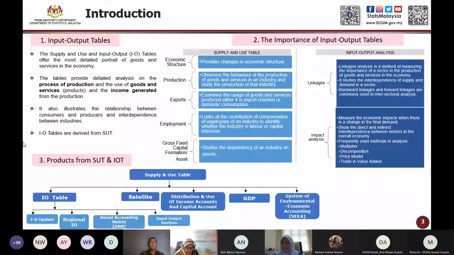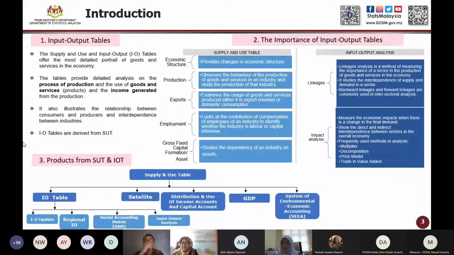Okay, in the IO table, we have input-output analysis. Commonly, we have two analyses: linkages and impact analysis. Linkages analysis is a method to measure the importance of a sector in the production of goods and services in the economy, and to study the interdependence of supply and demand in a sector. Backward linkages and forward linkages are commonly used in intersectoral analysis.